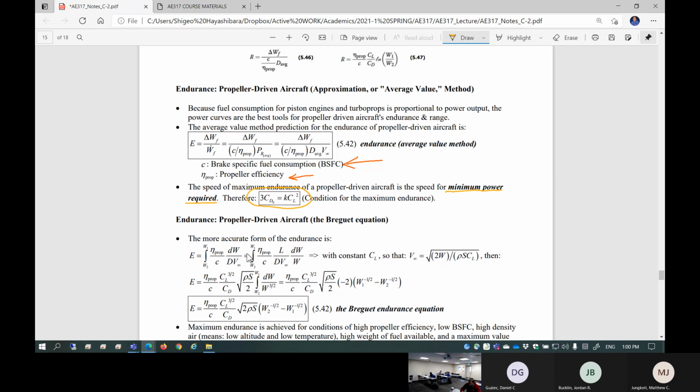This is a propeller-driven airplane. Maximum endurance, the condition is minimum power required. That means you really, really slow down. Remember that. Slow down to maximize your endurance, almost stall speed.